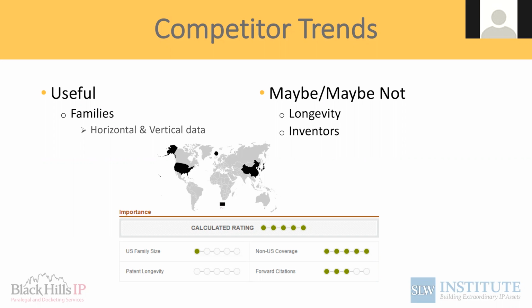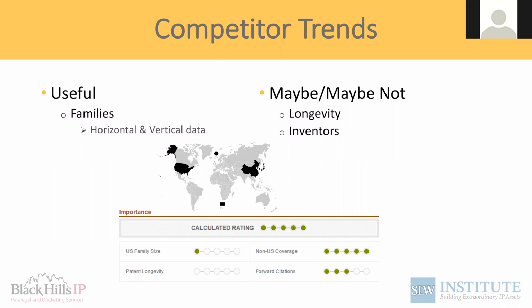If they aren't very active from a maintenance perspective, then it's not going to tell you much. One way to find out if that's going to be useful data is to take a look at a competitor's abandonment practices, and if they are actively abandoning some matters within the portfolio year to year, then you can probably get some good data out of the longevity numbers and figure out which patents are going to be more valuable within the portfolio.